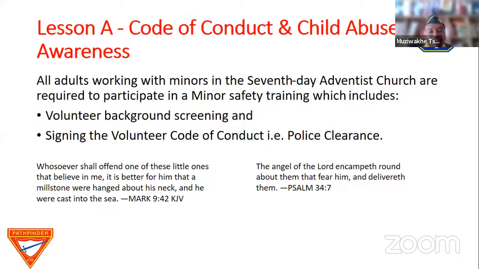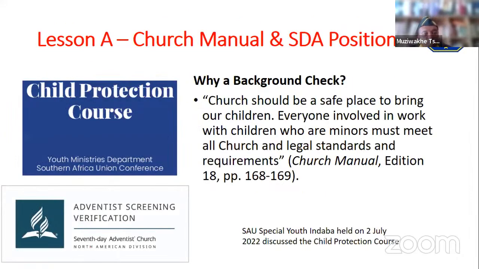Now, we have a position from our church that we find particularly in the church manual. When we take an extract from pages 168 to 169 of the church manual, 18th edition, it says there, church should be a safe place to bring our children.